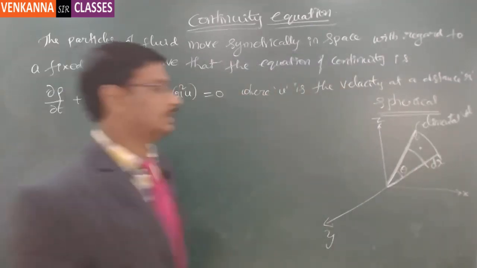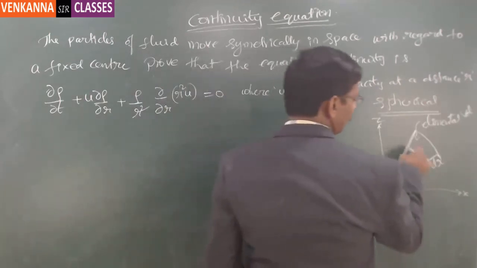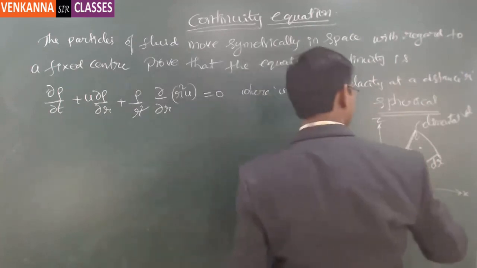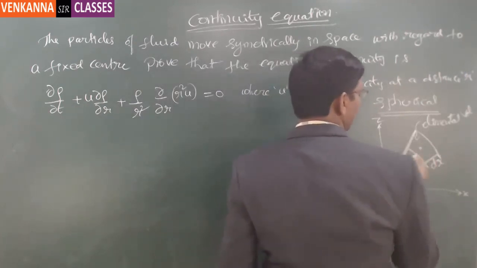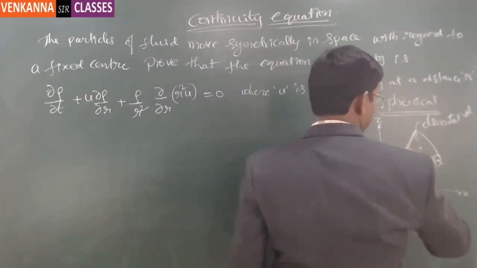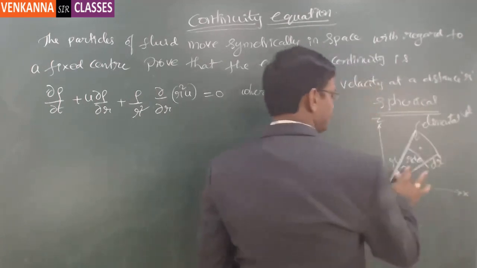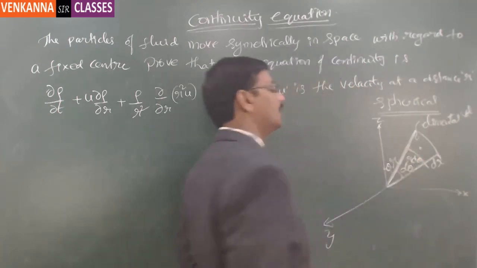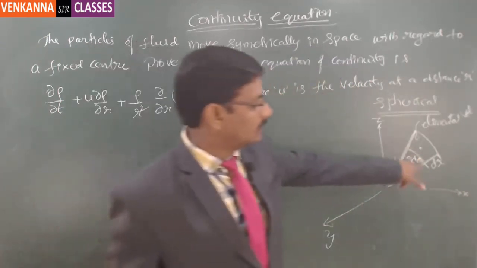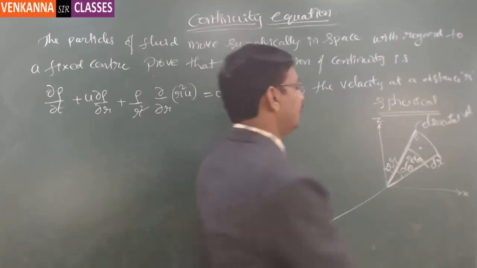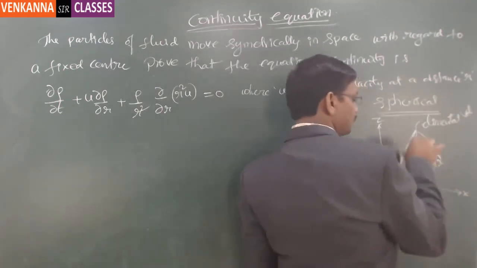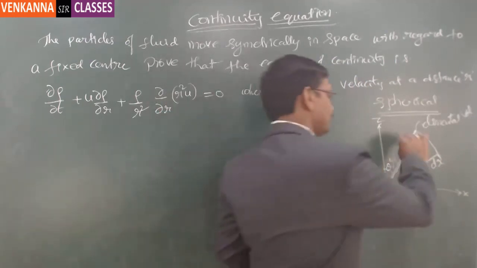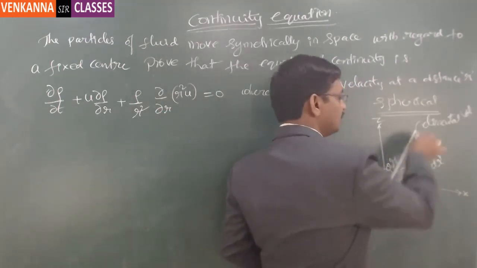Till this point the radius is r, so this length will be r d theta, at an angle of theta. So r d theta is this length, and inside there will be a volume element. That means this is three-dimensional. Just try to imagine that this is three-dimensional.